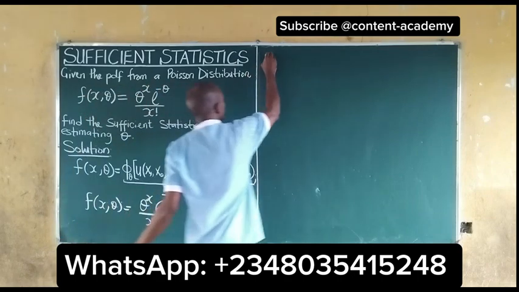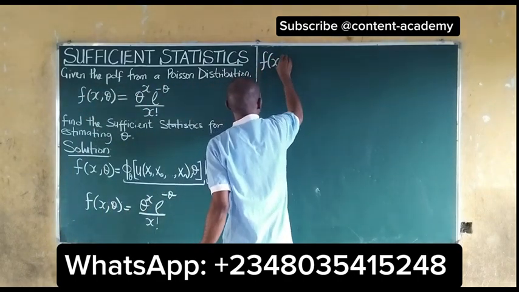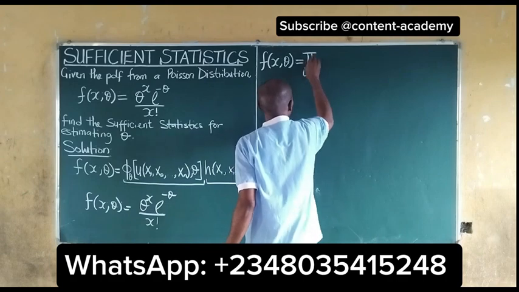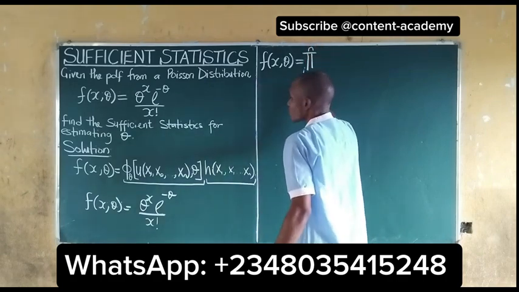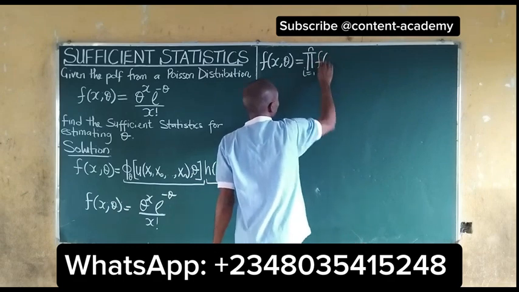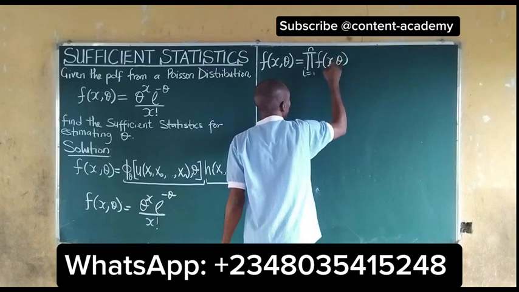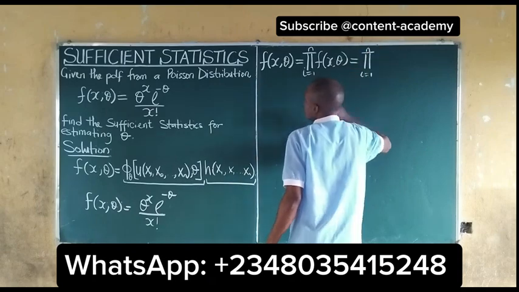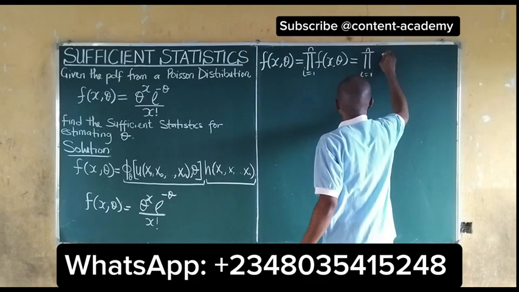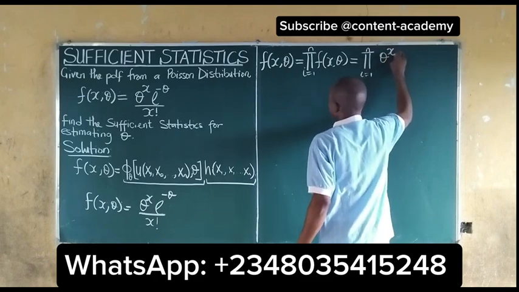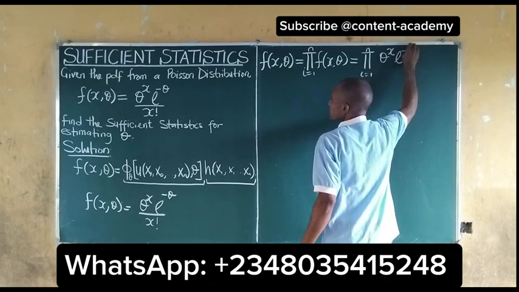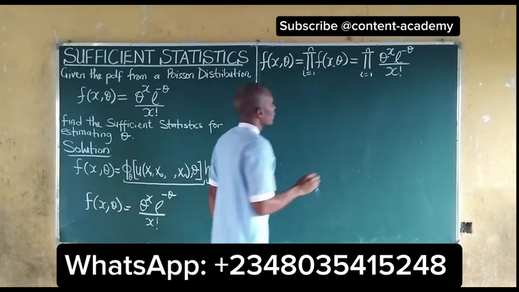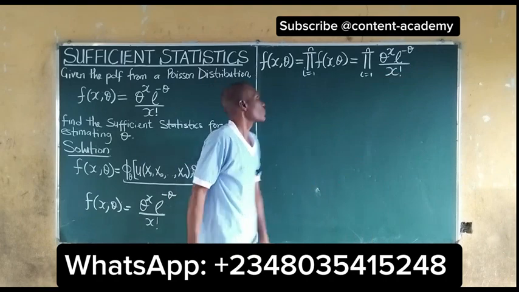That means f of x given theta is equal to the product, as i ranges from 1 to n, of the PDF given, which is the product of the Poisson distribution, theta to the x, exponential negative theta, all over x factorial. So this is the Poisson distribution.